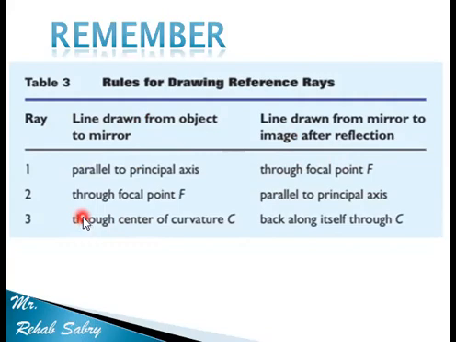The incident ray is falling through the focus, and the reflected ray is parallel to the principal axis. And the third case, the incident ray is passing through the center of curvature C, which is the center of the sphere. So it falls perpendicular to the mirror, so it will reflect back along itself.